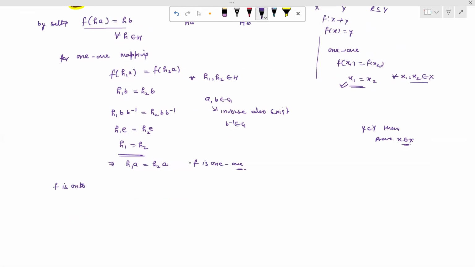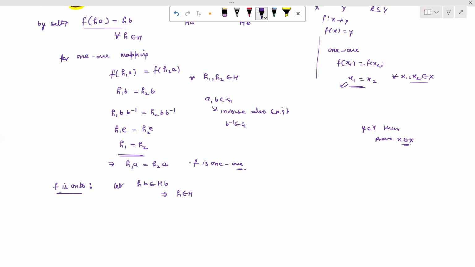So for proving onto, let hb belong to the right coset of b. This implies that h belongs to H, obviously.